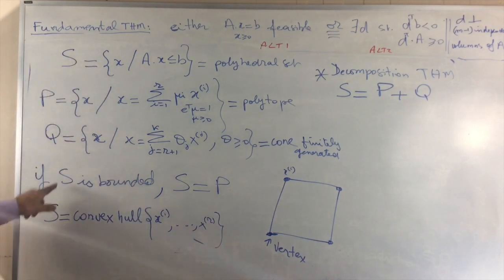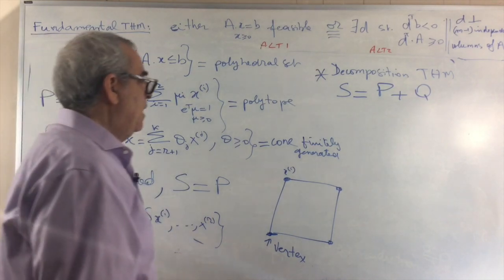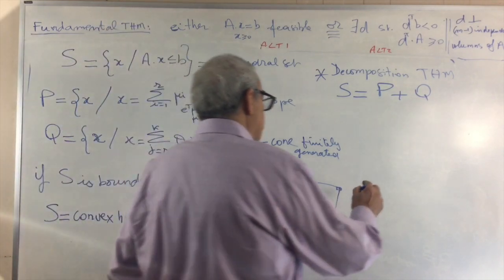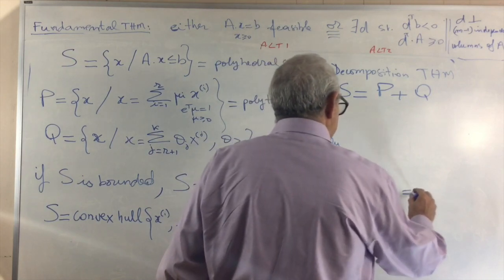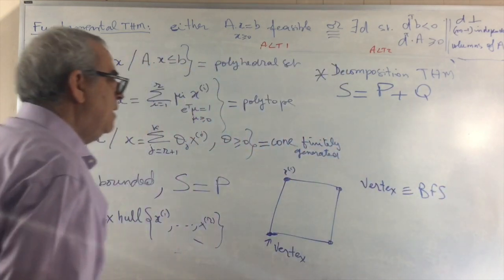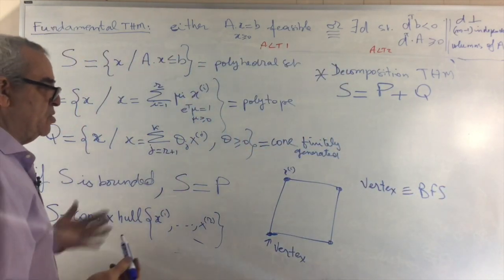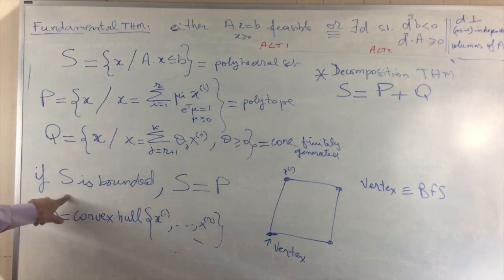So a bounded polyhedral set is the convex hull of its vertices. And vertices, when we did the simplex, are equivalent to a BFS. A BFS represents a vertex geometrically. Okay, so that's the case when it's bounded.